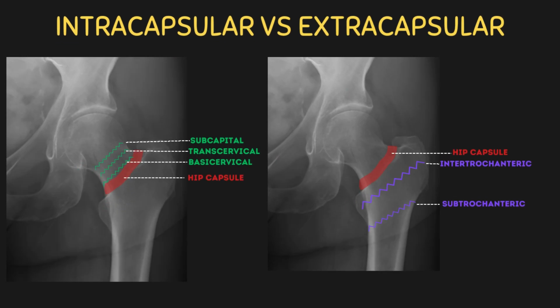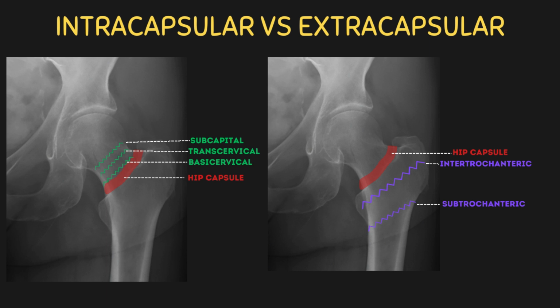Now that we have broken down the difference between intracapsular versus extracapsular fractures and the treatment options that are available for both, I would like to talk you through the different examples of each fracture type that we may see. On the diagram on the left, we have all of the intracapsular fracture types such as subcapital, transcervical, and basi-cervical.